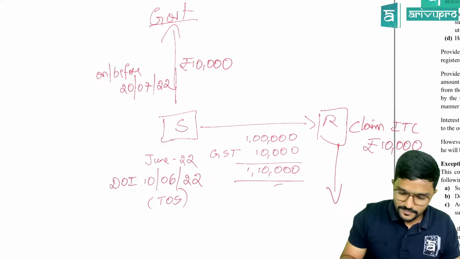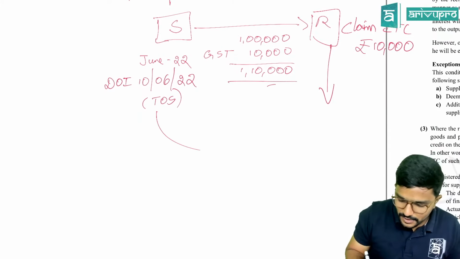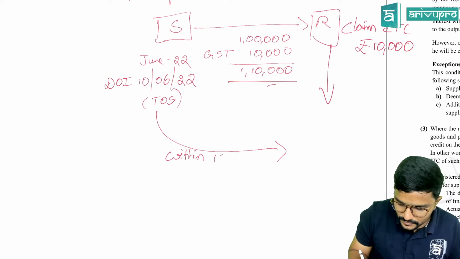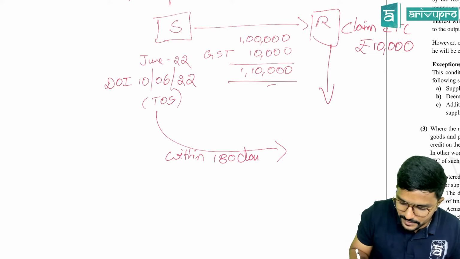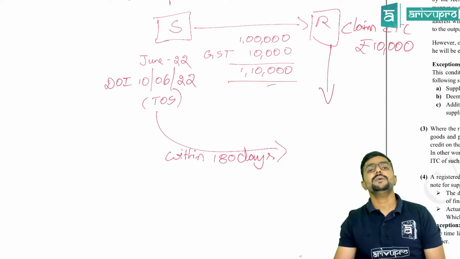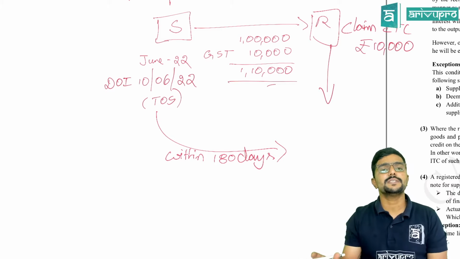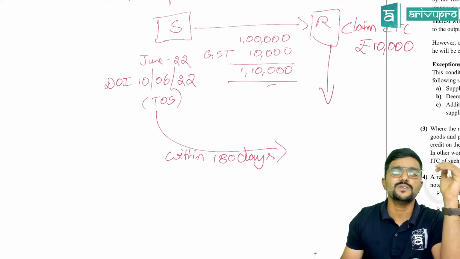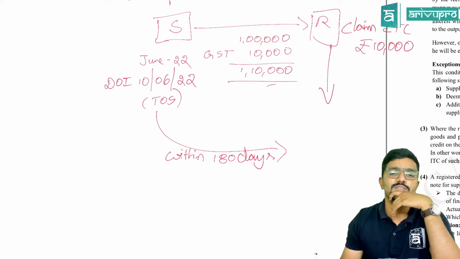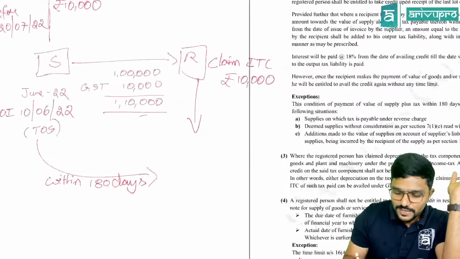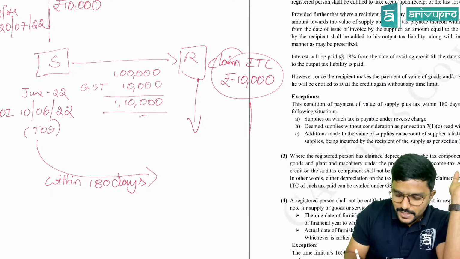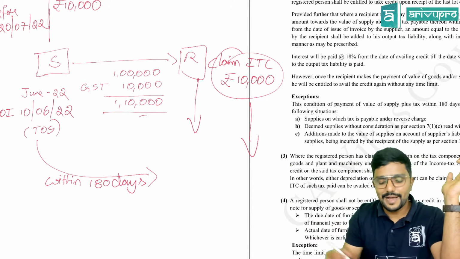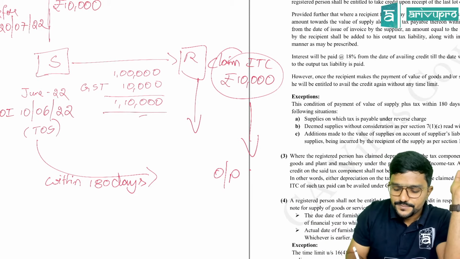Fine. Now, if the payment is not made within 180 days from the date of invoice, meaning approximately 6 months, even within 6 months, if the recipient has not paid, sir, not paid 1 lakh, not paid 10,000 also, in that case, whatever ITC has already been claimed will be added back to his output tax.